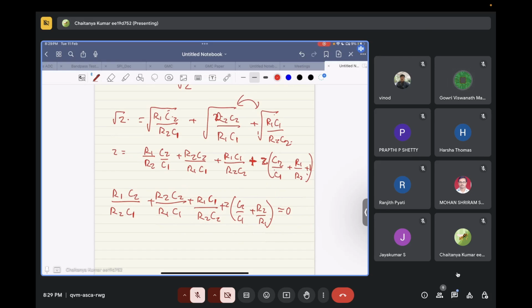So can any combination of R1, C1, R2, C2 result in this term becoming 0? At negative frequencies. What? No, there is no frequency range over here. These are all values of resistances and capacitances. There is no S in this.